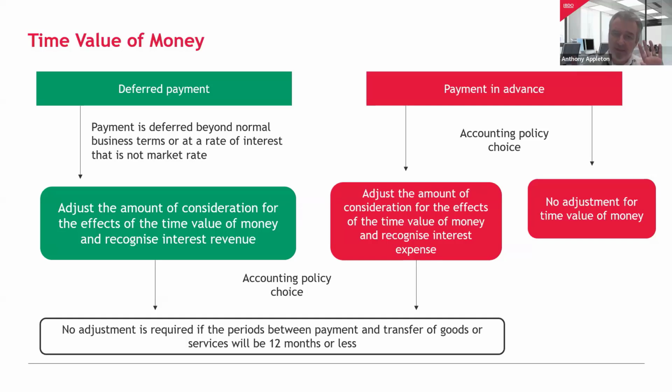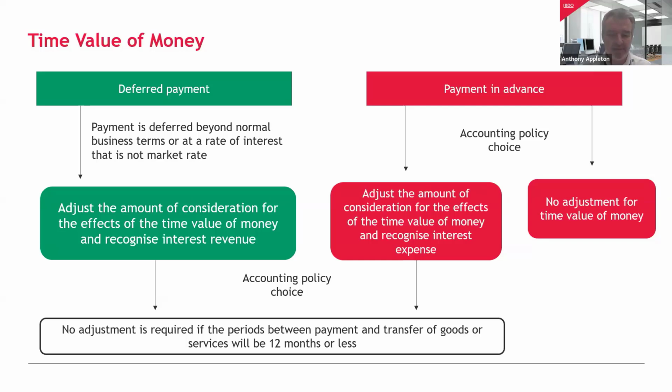So if it's deferred more than 12 months, we must account for the time value of money if we're not already charging them interest. If it's less than 12 months, we have a choice of whether we do or not. If they pay in advance, we can choose to ignore the time value of money completely, or we can adjust accordingly.